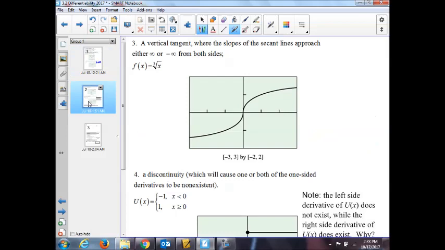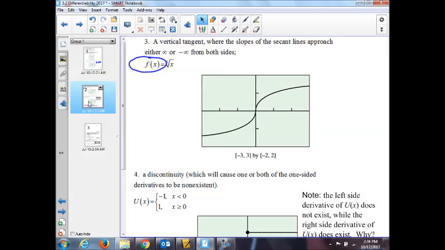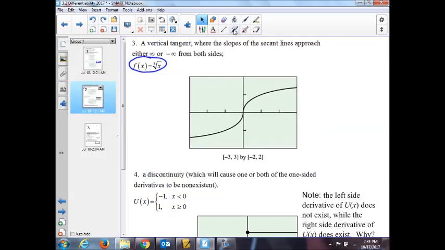What else? If I just took the graph of the cube root of x, instead of squaring it before, this is what the function looks like. Right here, you can just visually see, if you were to do the slope of the tangent line there, the tangent line is straight up and down the y-axis.